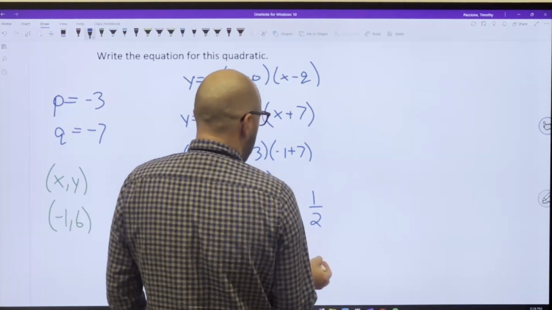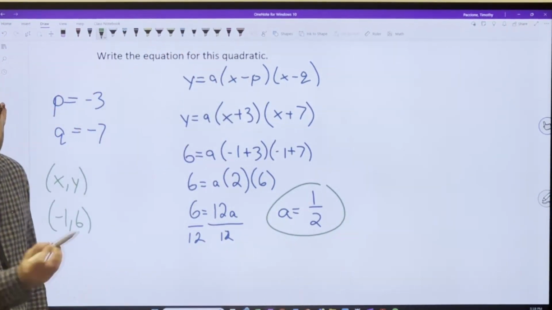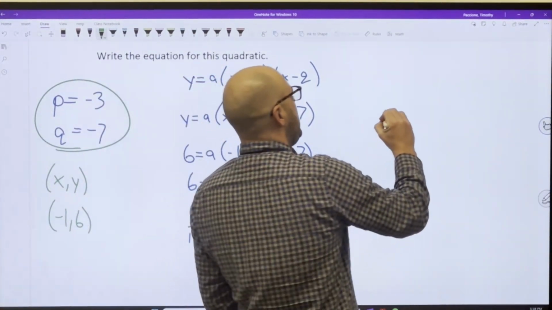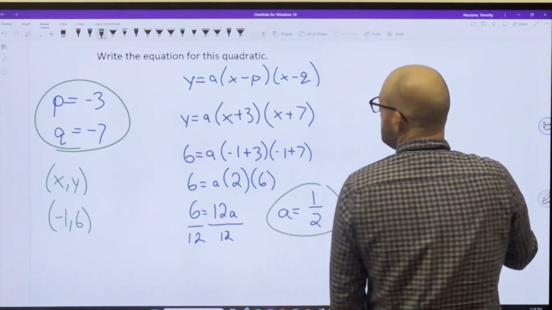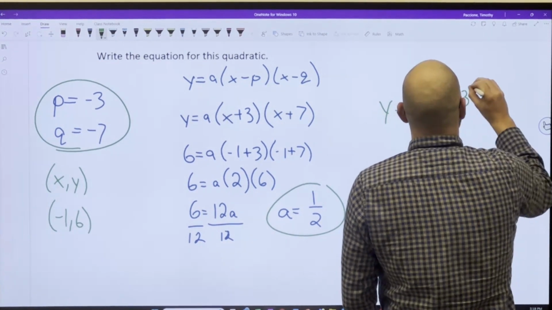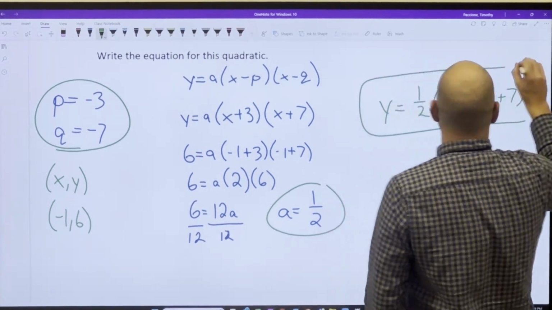Is that possible to have an a that's 1/2? It's a shrink, isn't it? Right? We can have those, right? So I got my a, I got my p and q. I just bring it all together. y equals 1/2 times (x minus 3 is plus 3)(minus 7 is plus 7). And I have my equation.